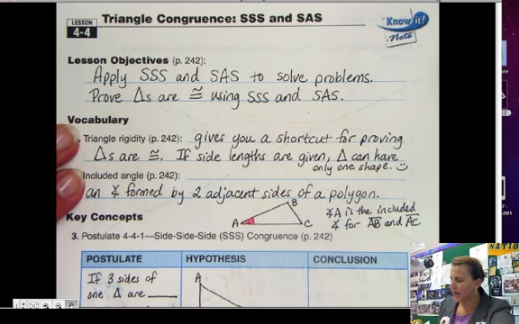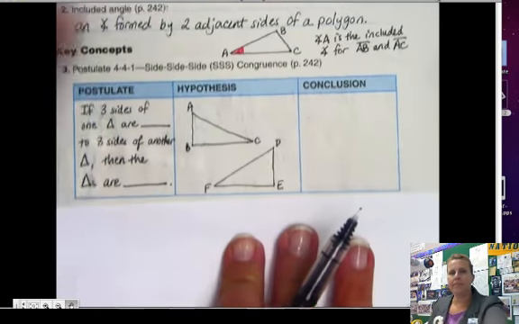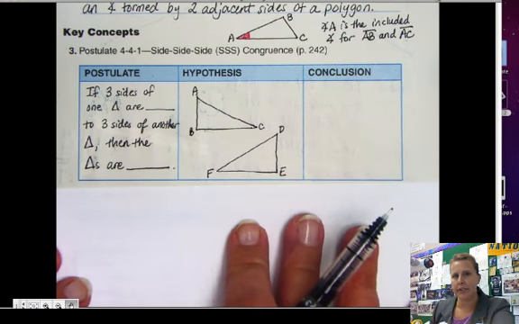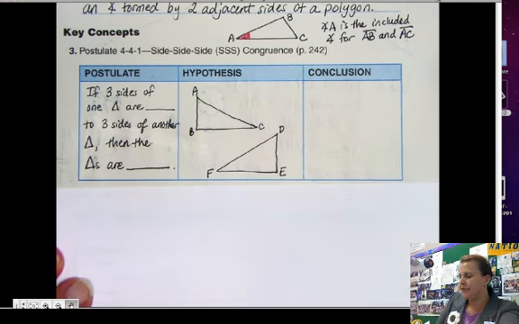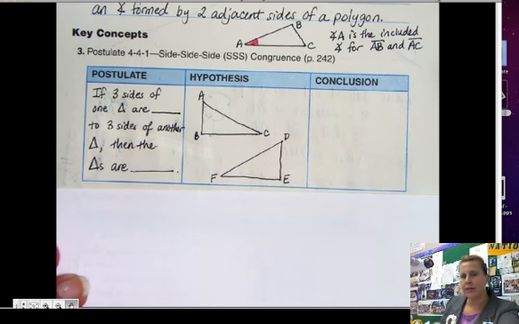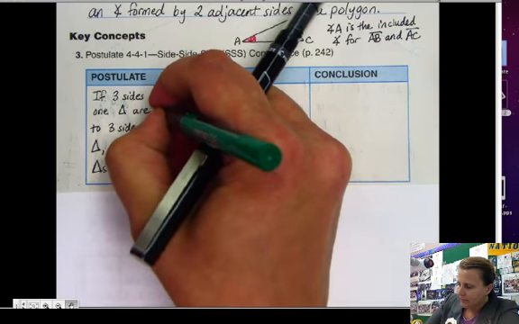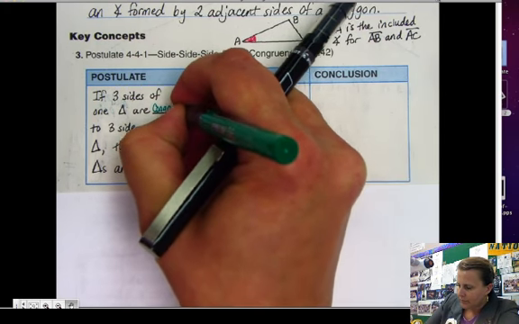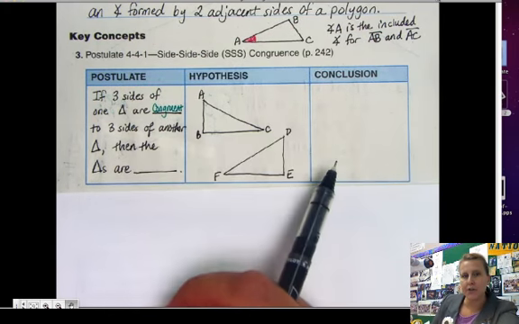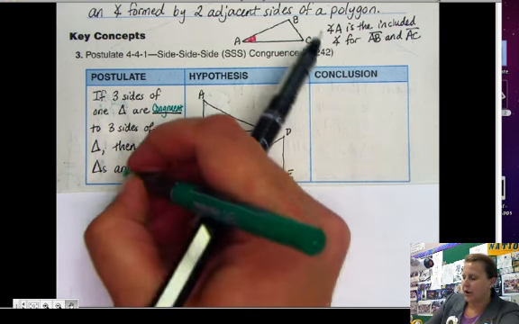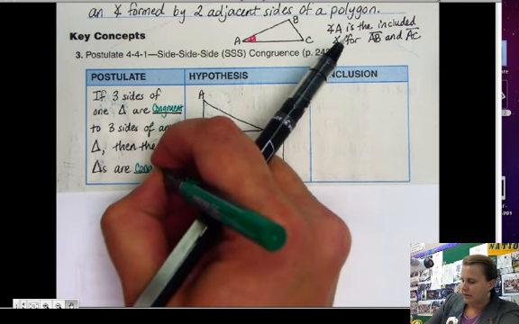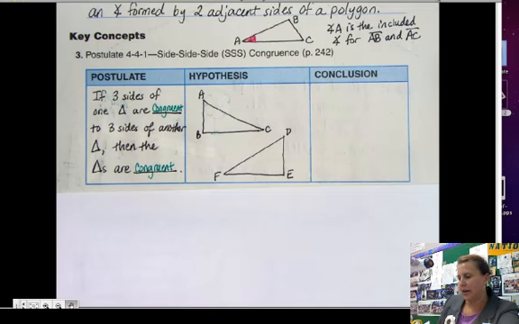So our first shortcut is the side, side, side congruence. It says that if three sides of one triangle are congruent to three sides of another triangle, then the triangles are congruent to each other.